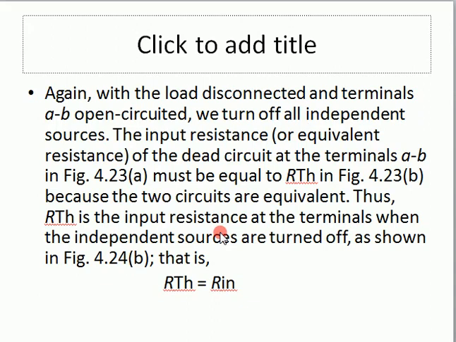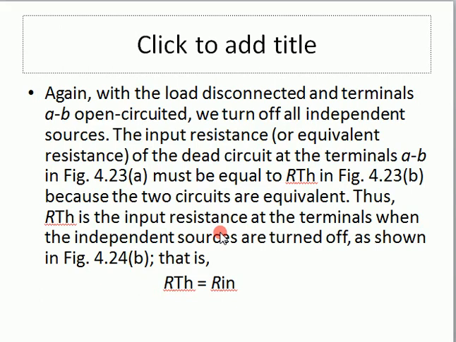Here we are mentioning the theory about the figures that I have just explained: with the load disconnected and the terminals AB open circuited, we turn off all the independent sources, and find the input resistance or the equivalent resistance of the dead circuit. Why do we say this? Because no independent source is here, that's why the circuit is the dead circuit.